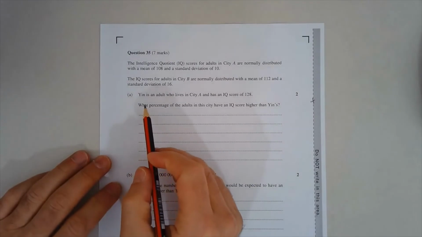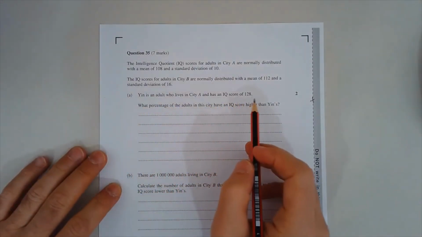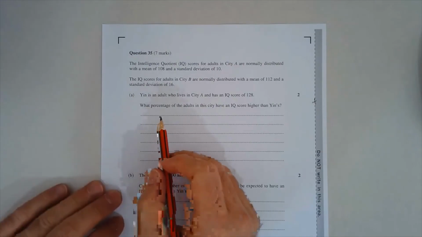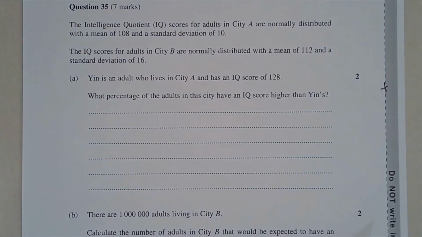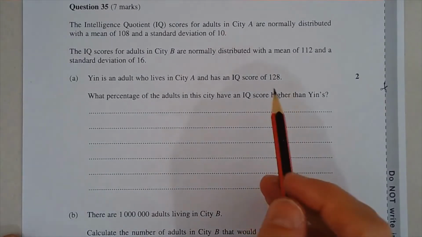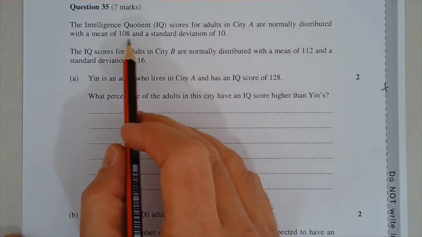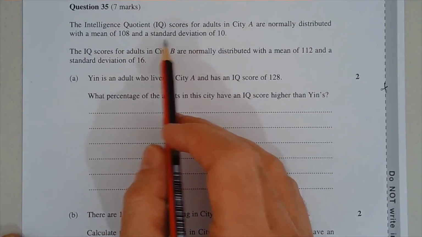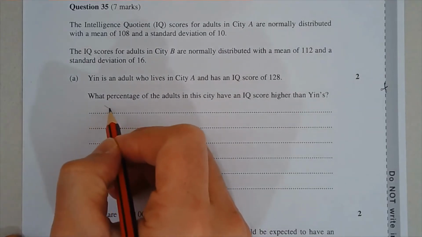All right, so let's go back to part A. Yin is an adult who lives in City A, has an IQ score of 128. What percentage of adults in this city have an IQ score higher than Yin's? First of all, City A, let's go back to the question. City A, the mean is 108 and a standard deviation of 10. So let's work out Yin's Z-score.